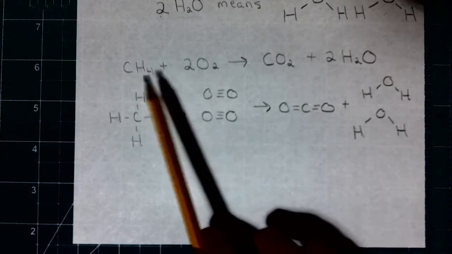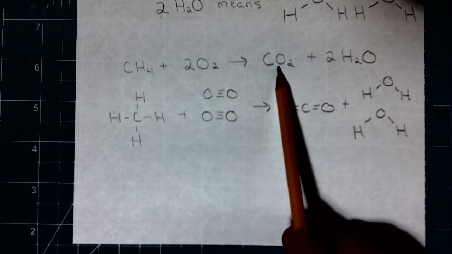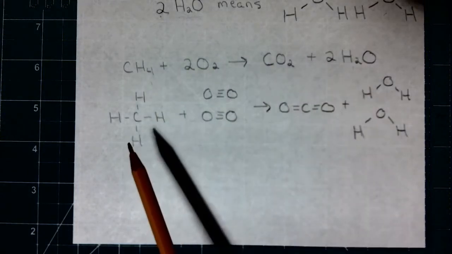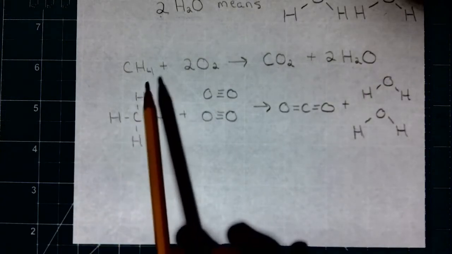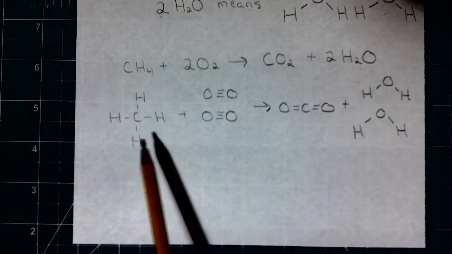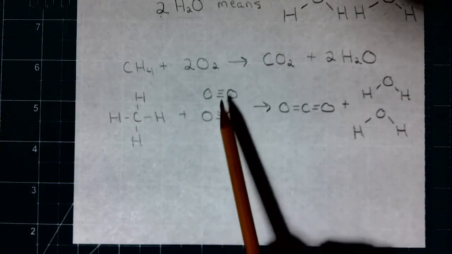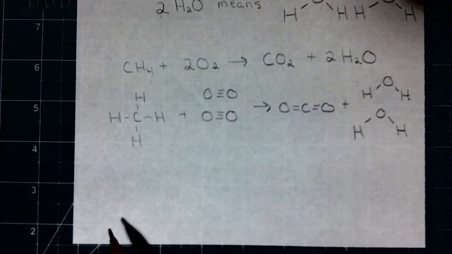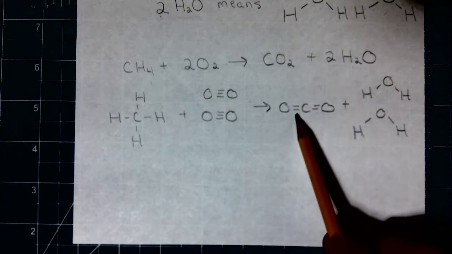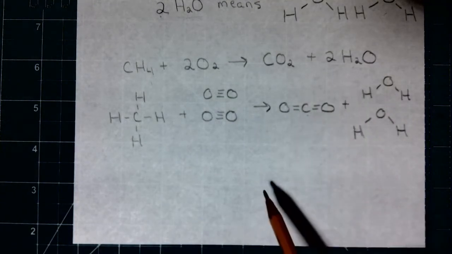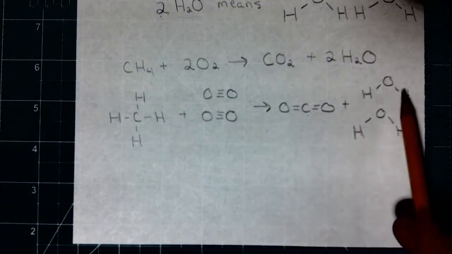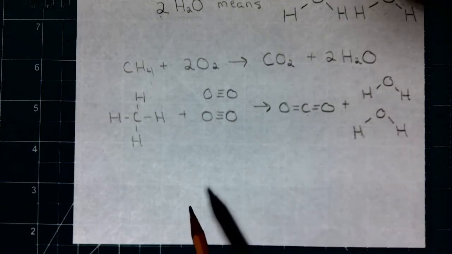We're adding oxygen to fuel and we're producing carbon dioxide and water. So what this means is I have my CH4 plus 2 molecules of oxygen. I'm going to produce a molecule that looks like this here, and 2 water molecules.